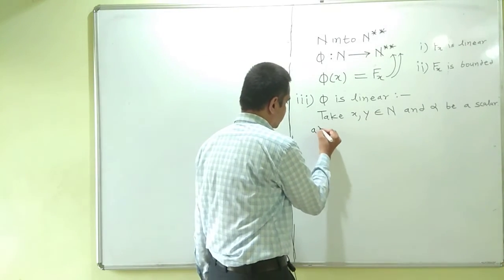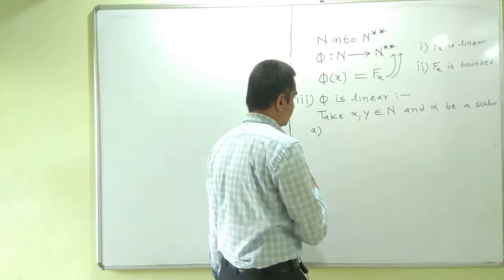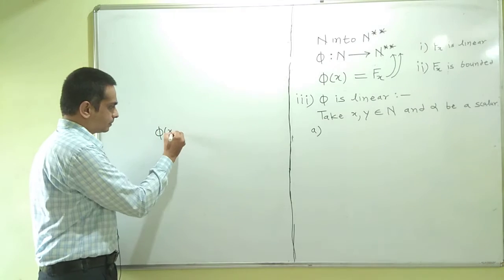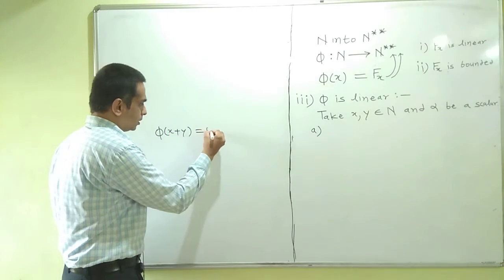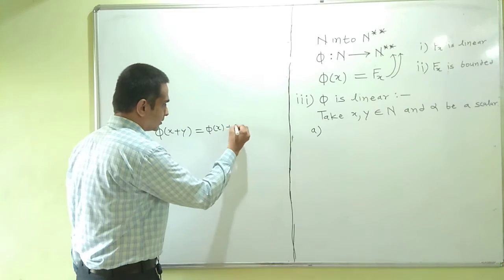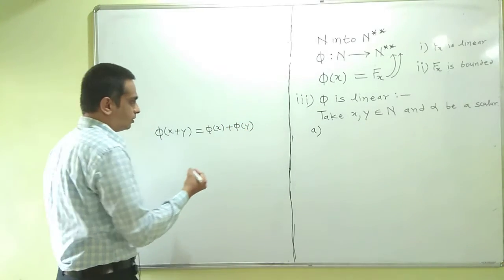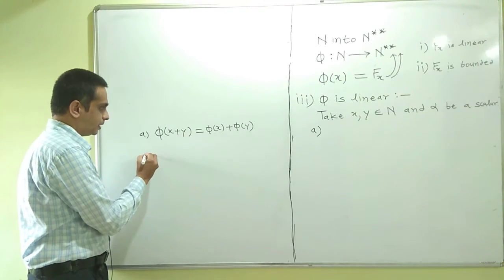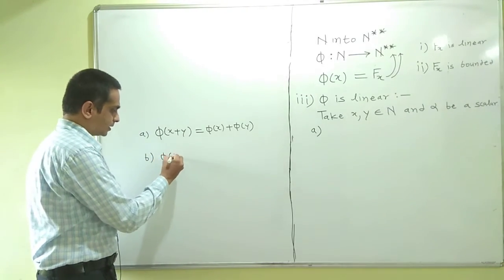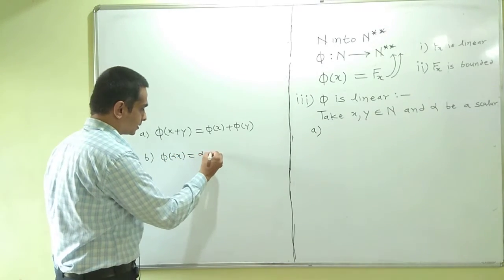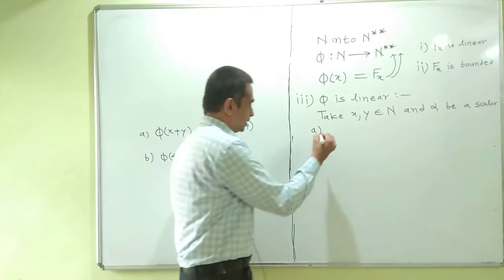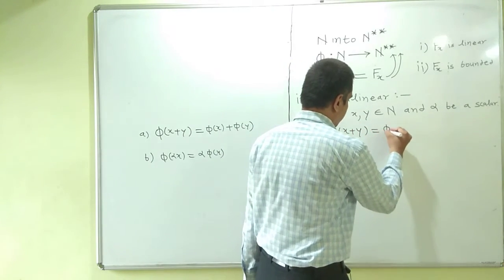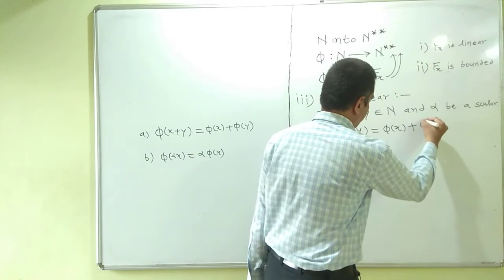Let me say the first property is A: I will prove that phi of x plus y is equal to phi x plus phi y. To prove the linearity of phi, it is sufficient to prove these two properties, A and B: phi of alpha x is equal to alpha phi x. So the first property which we will prove is phi of x plus y equals phi of x plus phi of y.